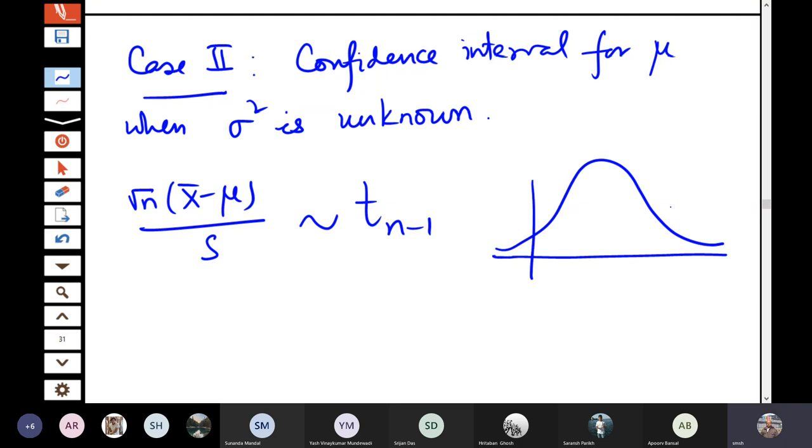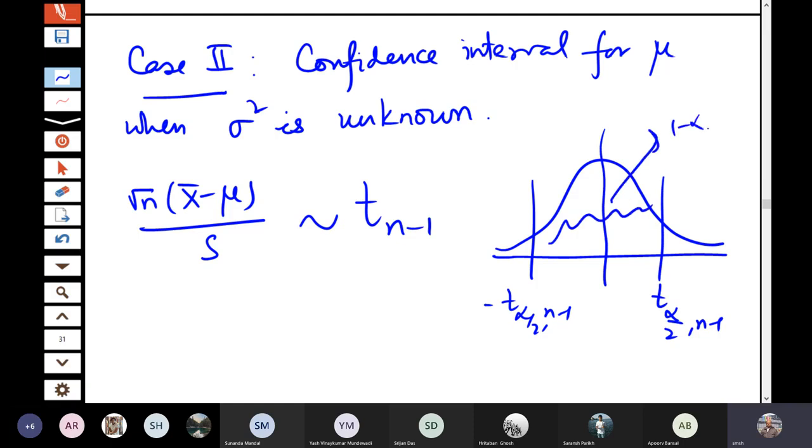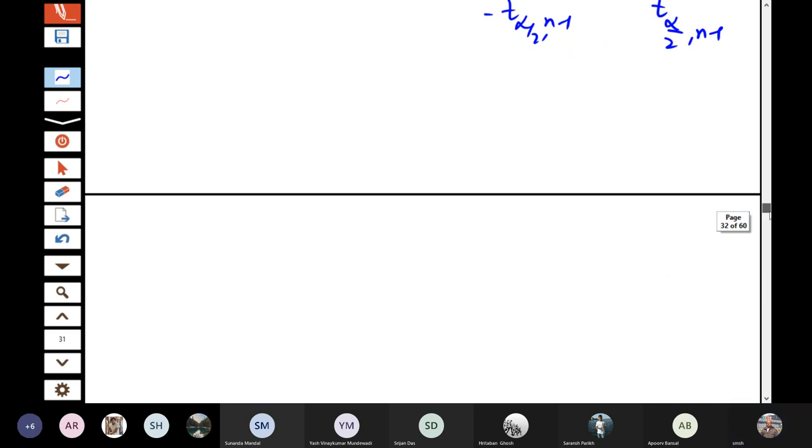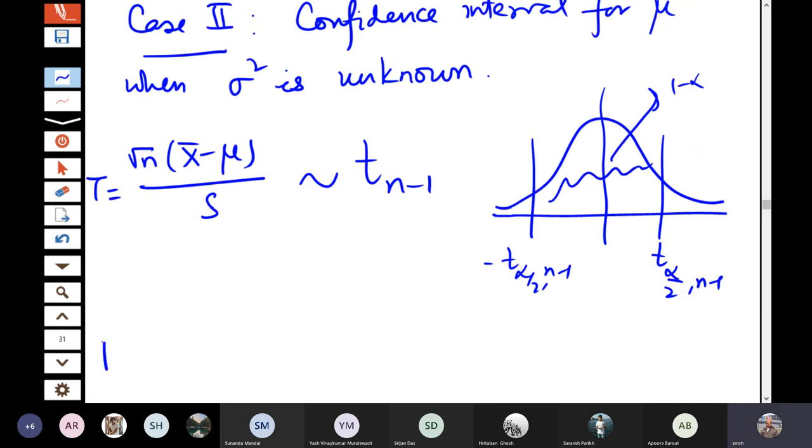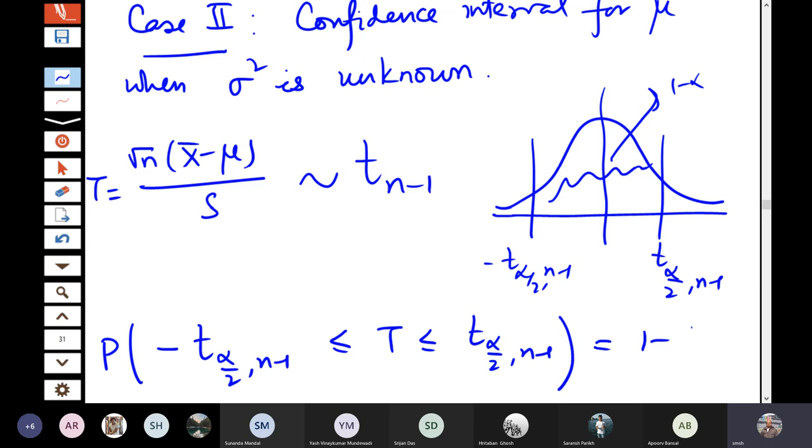See, these are your t values, t alpha by 2, n minus 1 and minus t alpha by 2, n minus 1. The values in between have probability 1 minus alpha. So we write probability of minus t alpha by 2, n minus 1 less than or equal to t less than or equal to t alpha by 2, n minus 1, that is equal to 1 minus alpha.